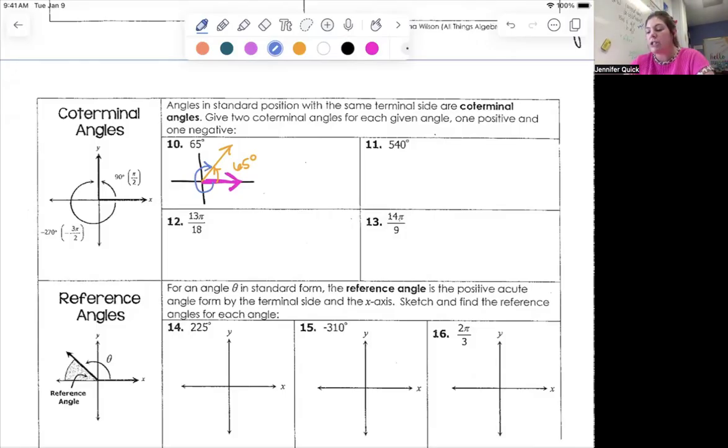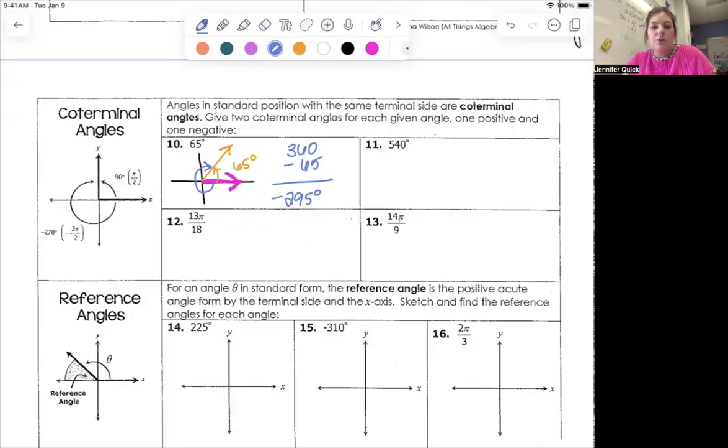And so what do we do? We take 360 because that's the entire circle rotation, and we subtract that 65 off of it. And so the coterminal angle would be negative 295 degrees. Cool. Okay.